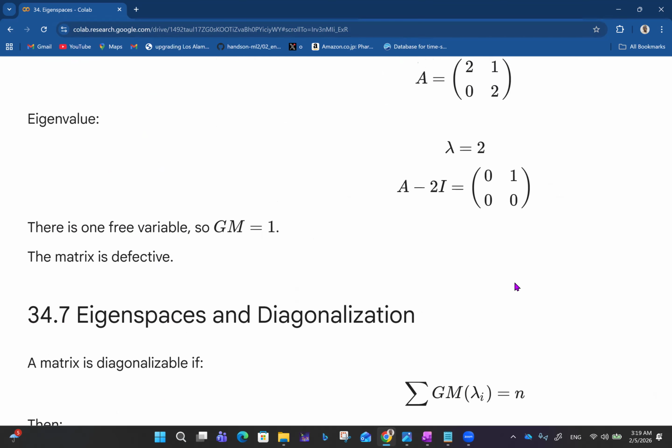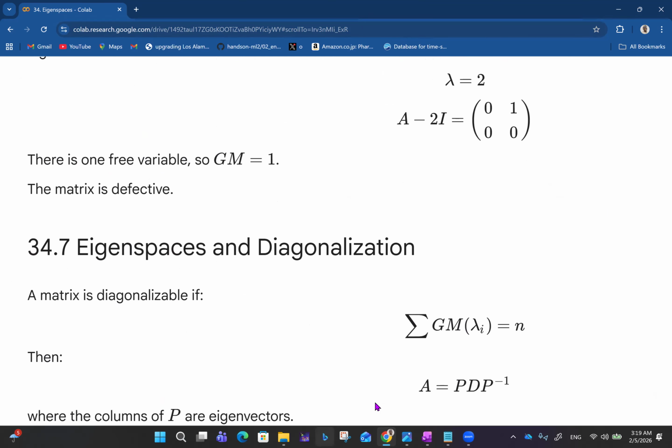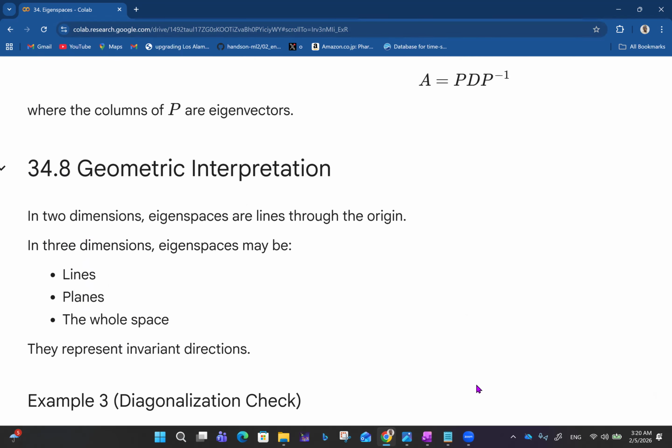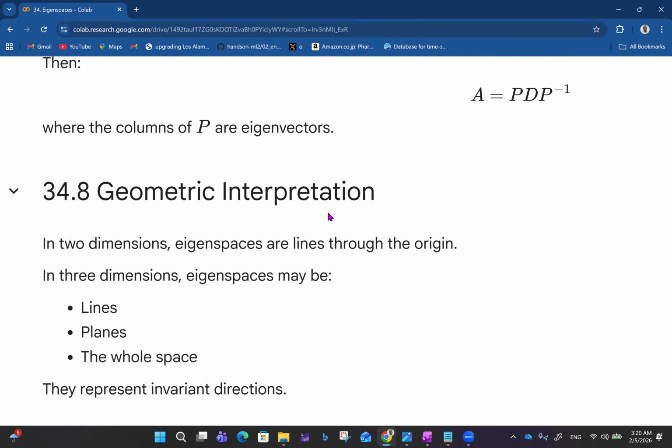But if it works, then you say that A is PDP inverse, where the columns of P are eigenvectors and D is a diagonal matrix of eigenvalues. When we talk about the geometric interpretation, in 2 dimensions, eigenspaces are lines through the origin.